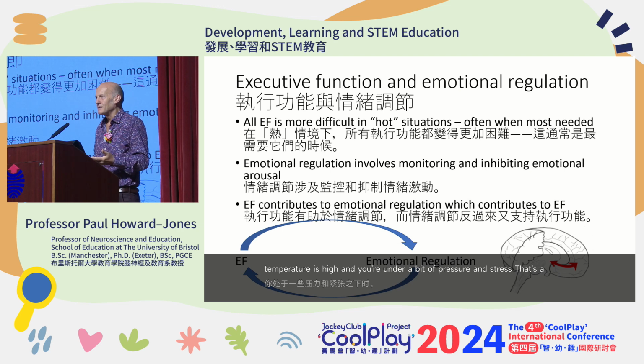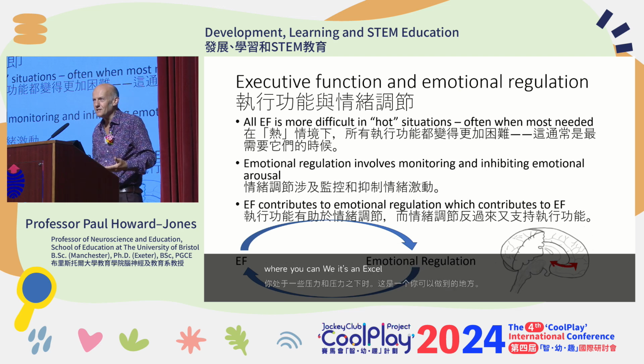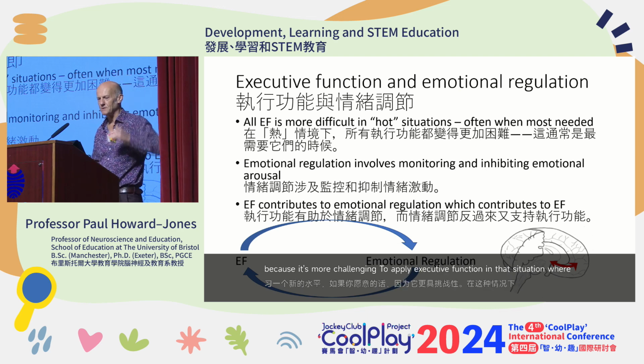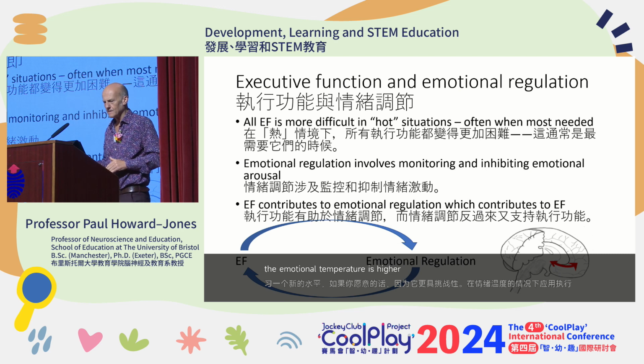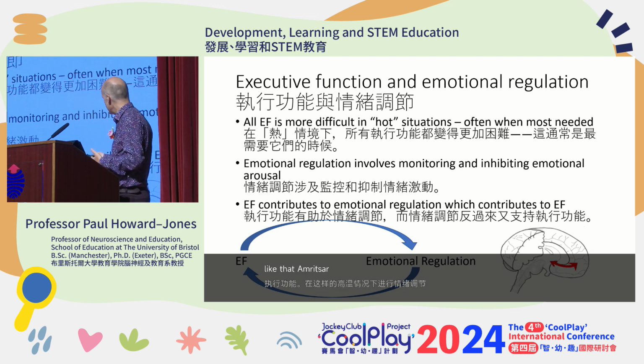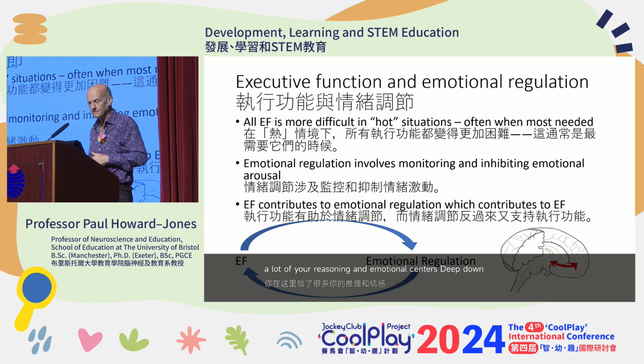It's an excellent opportunity to learn at a new level, if you like, because it's more challenging to apply executive function where the emotional temperature is higher. And emotional regulation in a hot situation like that requires interaction between the frontal cortex, where you're doing a lot of your reasoning, and emotional centers deep down underneath the brain.